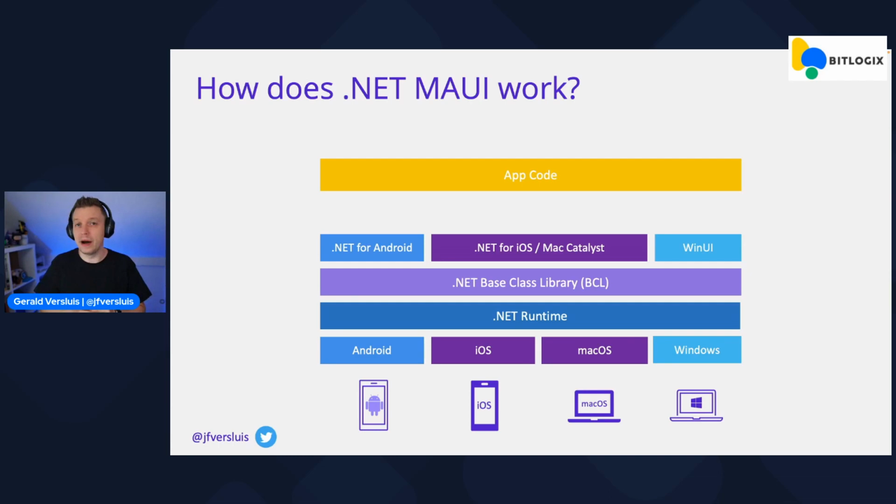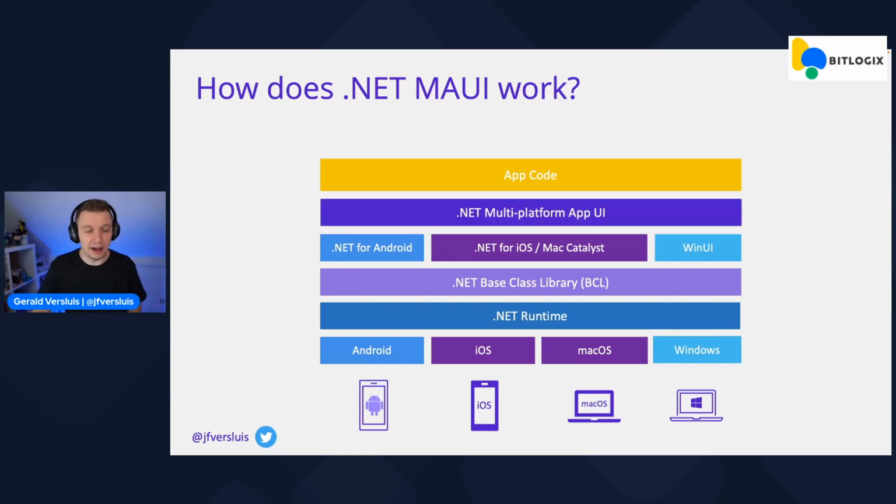Because these are bindings to all the APIs on Android and iOS and Windows, to enable you to write this code in C# and .NET. And they will do the translation to the Objective-C code and the Java code and that kind of stuff. But we need this for .NET MAUI to work, right? So we cannot get rid of this. And then on top of that, we have .NET MAUI, right? If you know how to work with .NET MAUI, that's the abstraction layer that we're adding now.